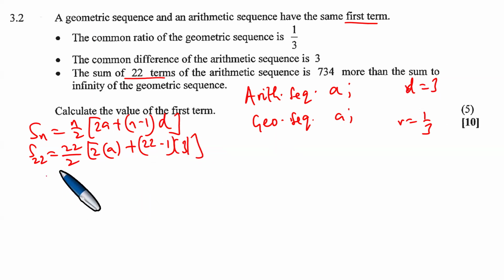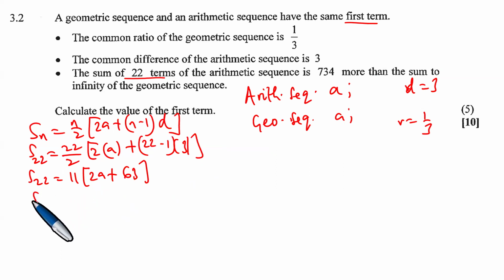So S22 is equal to 11 times 2a plus 21 times 3, and 21 times 3 is 63. So S22 equals 22a plus 693, since 693 is 11 times 63.